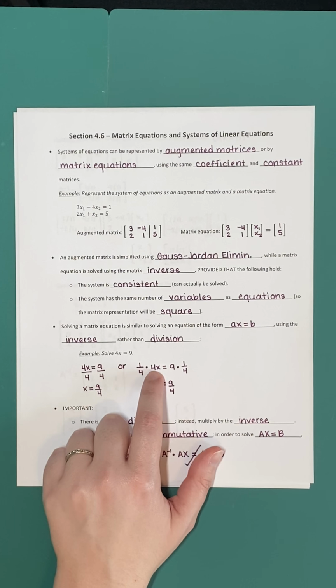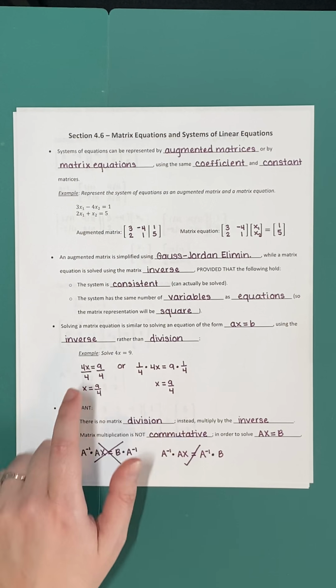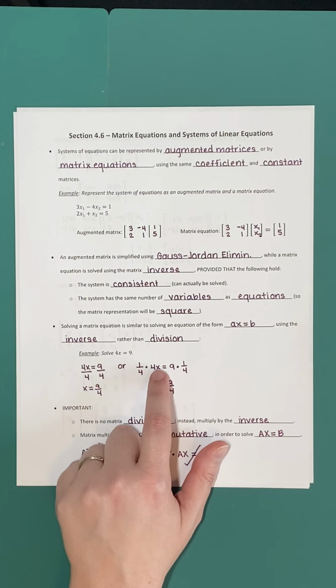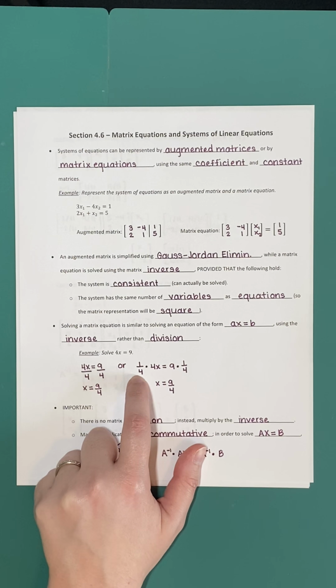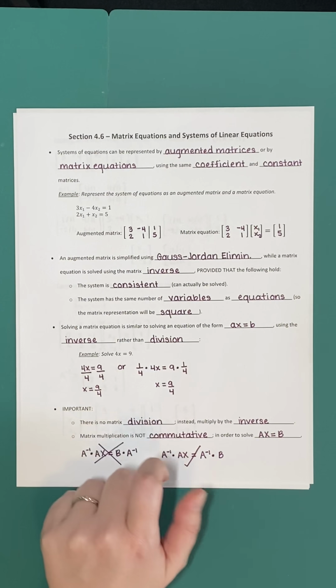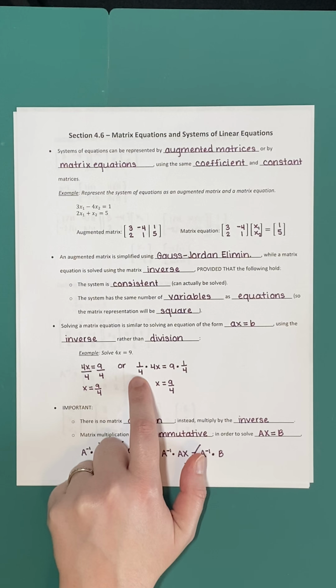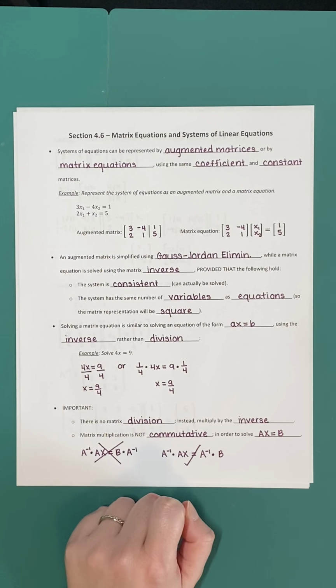So if we wanted to eliminate this 4, isolate our x by eliminating that 4, we could divide by 4, or alternatively, we could multiply by 1/4, multiply by what we call the multiplicative inverse of 4. So 4 and 1/4 are multiplicative inverses. Inverse just means opposite. So these are opposites from a standpoint of multiplication.